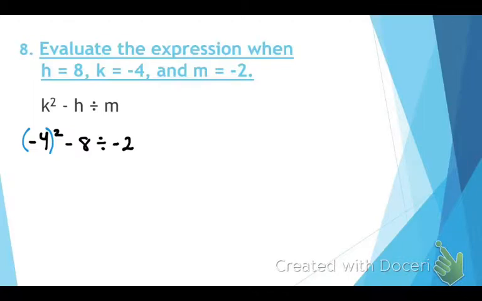-2. Now, I don't always love to have signs side by side, so sometimes what I will do is I will just add some parentheses there so that I understand I am dividing by a negative number. That does not mean that I'm multiplying. It's just saying, this is a negative number, okay? So, let's do this part first. What does -4 squared mean? -4 times -4.